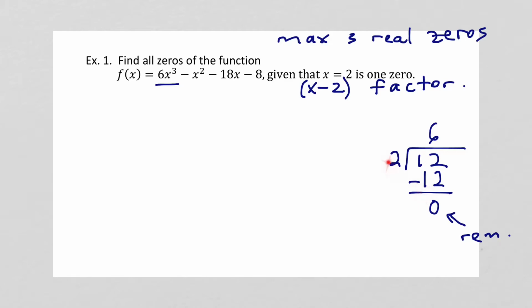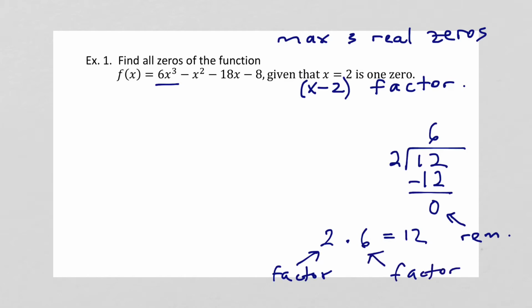What I also know is that I'm going to get the other factor when I divide 12 by 2, because we know that 2 times 6 is equal to 12. So if I know one factor and I divide, then I'll uncover what the other factor is, such that 2 times 6 is 12.